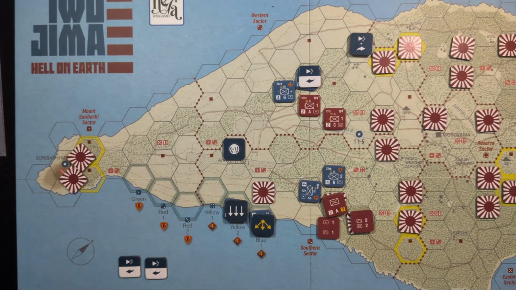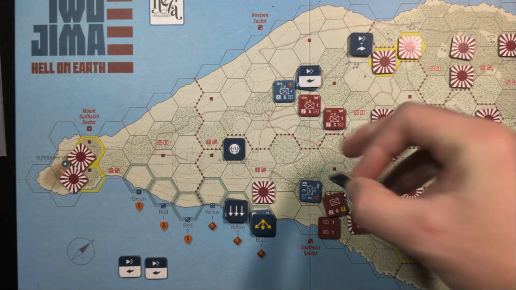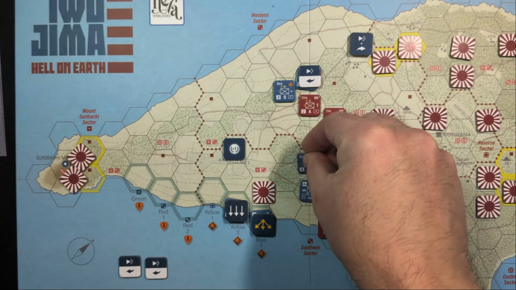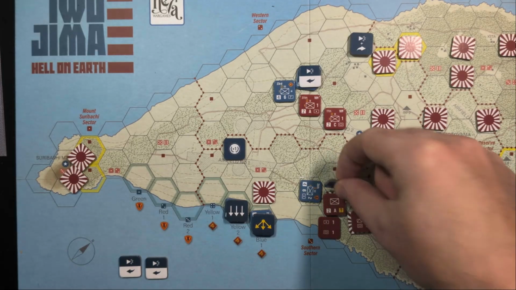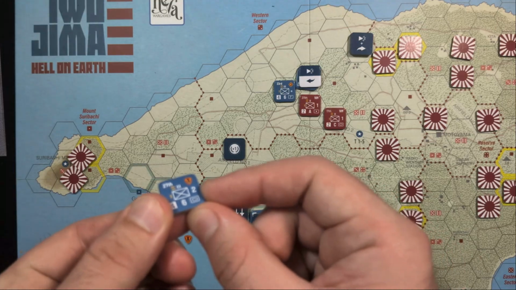So let's check now the type of combat support for the US unit before seeing the whole sequence of the assault. So we have tanks. You can provide tank support to an adjacent unit, and you will have the full combat support. So if it's completely adjacent, you have 2.